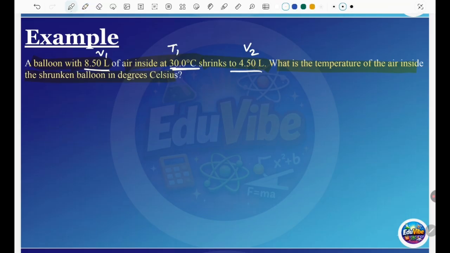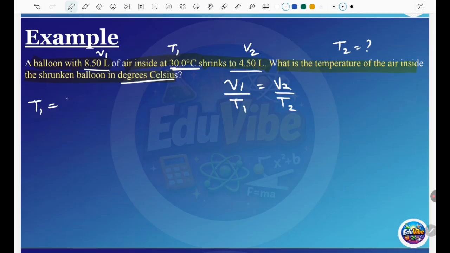Now they mention that your answer should be in degrees Celsius, and you have to find T2. Basically, T1 should first be in Kelvin when you put it into the formula V1 upon T1 is equal to V2 upon T2. At the end, you have to subtract 273.15 again to convert back into Celsius.